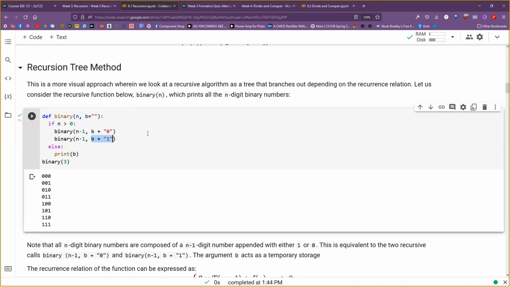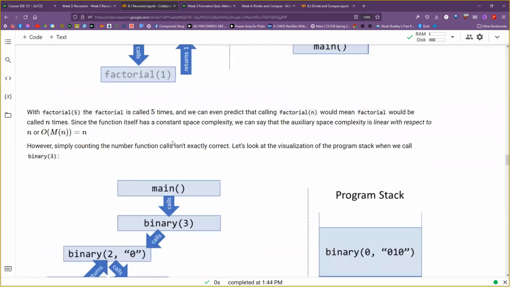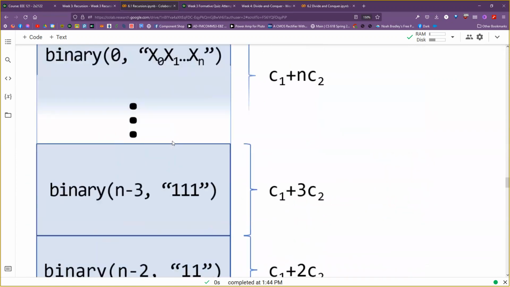So, well, it depends. Merong iba hindi sa stack memory ilalagay, sa heap memory ilalagay, and minsan hindi yung kino-consider for auxiliary space. Pero ang assumption natin for our discussion is si b plus yung ating string is tinostore sa ating program stack din, which is yung usual case naman.